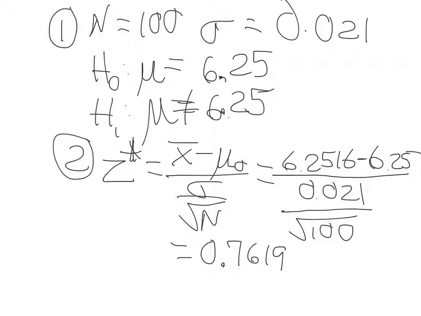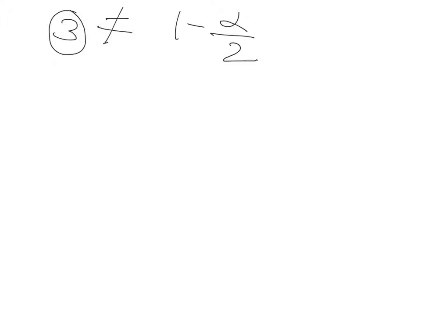All right, let's get a clean page. So we have step 3 where we set up our rejection region. And we know we had the not equals to, so that tells us how to set up our rejection region. So we know that we have the 2 piece one. So we're going to take 1 minus alpha over 2. And our alpha level was 0.10.